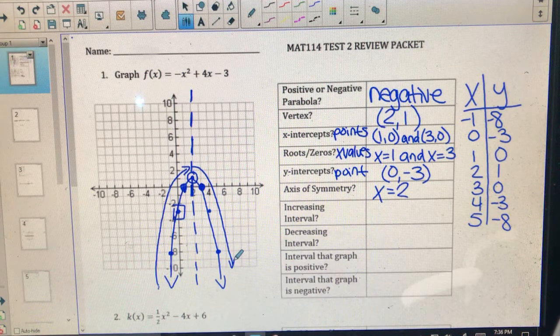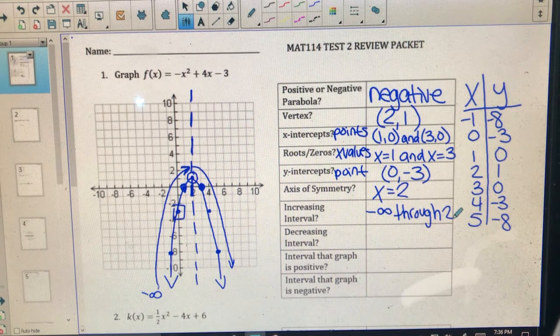But you need to state the interval. Over here where I started, all the way to the left, is negative infinity. When you're talking about an arrow pointing all the way to the left, that's negative infinity. And then up here where it stopped increasing is at 2, the x value of 2. So my increasing interval is negative infinity through 2.